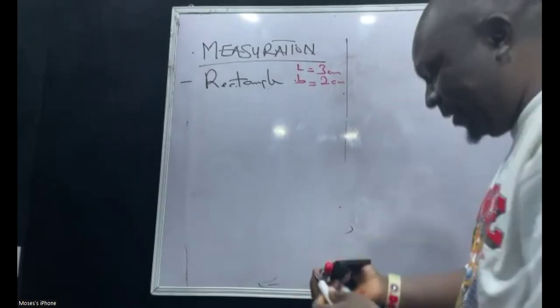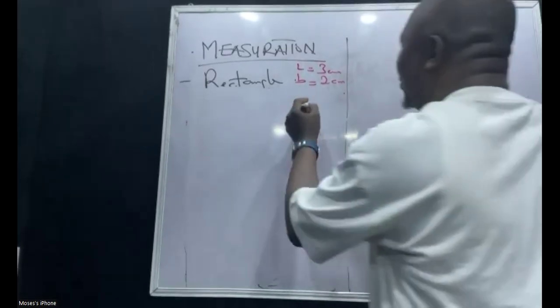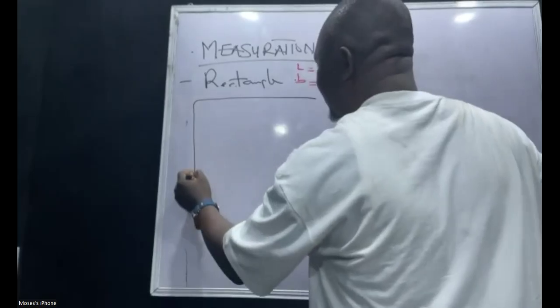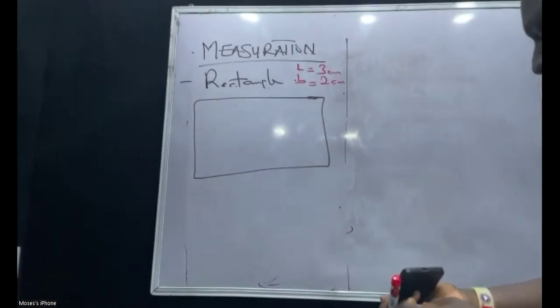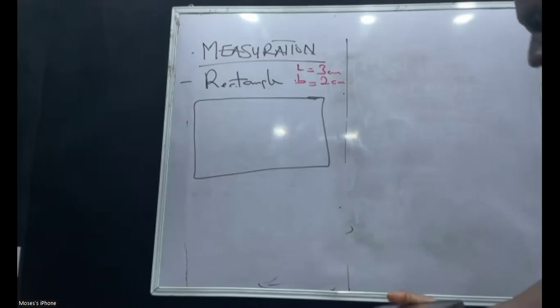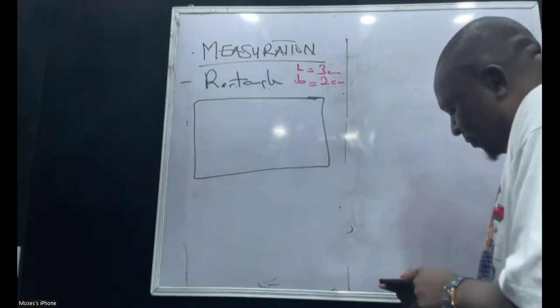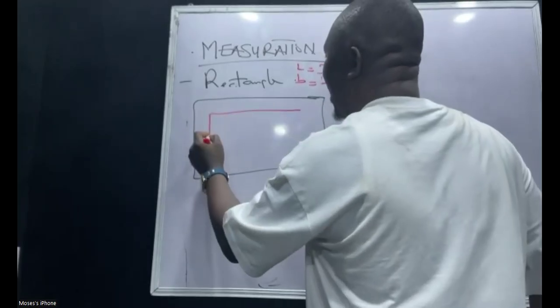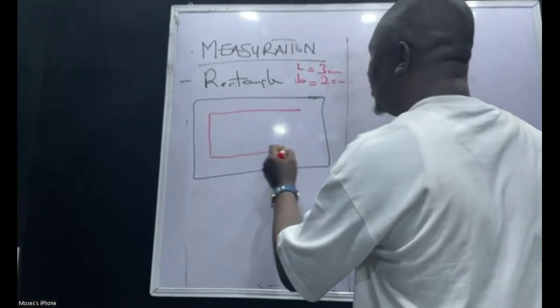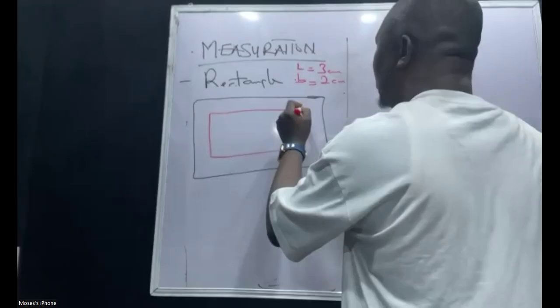In a typical frame, I don't know if you have seen a frame before, you see something like this. You will now see the picture inside the frame, in a rectangular form. This is applied mathematics. This is the picture. Am I right?